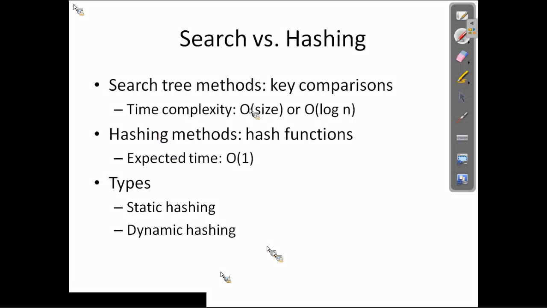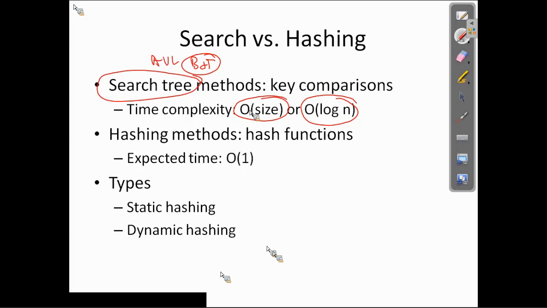See, the time complexity for tree methods, whether you're using an AVL balanced tree or a BST, is O(log n), or in the worst case O(size), if you're not using any tree organization, or if it's a degenerate tree. Remember, a BST could look like a linked list. We discussed this before when we were discussing the balancing of the tree.